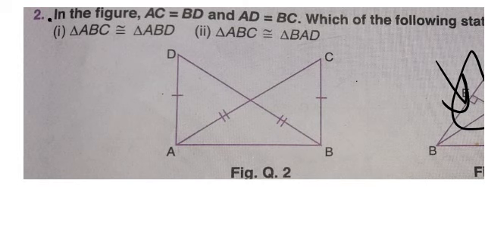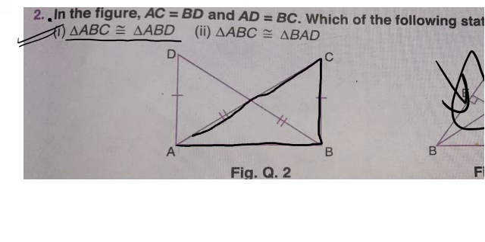Then it says there are two statements that are written. The first statement is triangle ABC is congruent to triangle ABD. So this is ABC, from A all the way to B, to C and then back to A. It says this is congruent to ABD, from A to B, then to D and then back to A. So these two triangles are congruent, that is what it means.